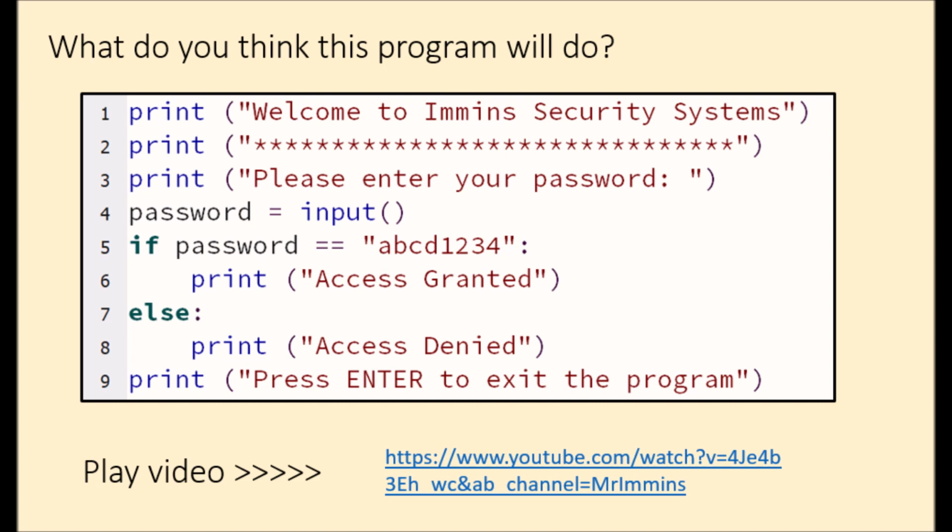The else statement will only run if line 5 has not been met. If that condition here of password is equal to ABCD1234 has not been met, line 6 never runs, and instead our else statement will run, and it will print access denied.